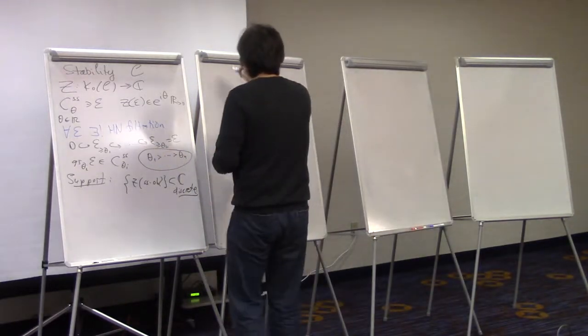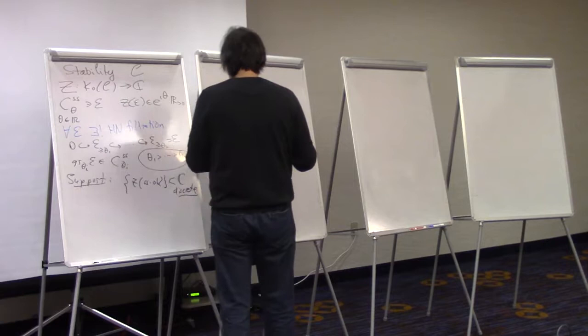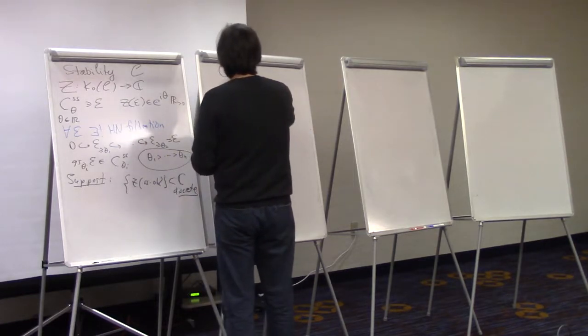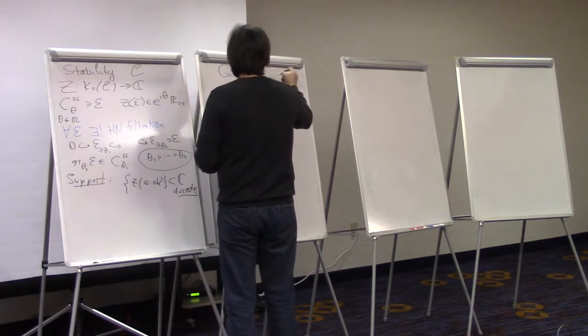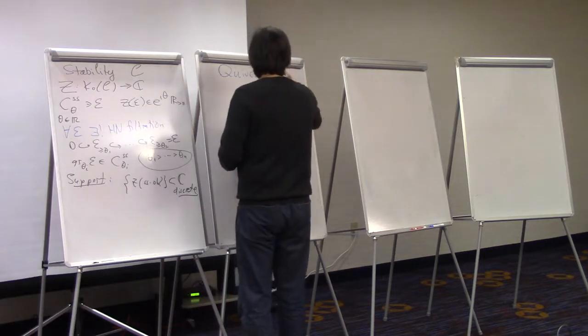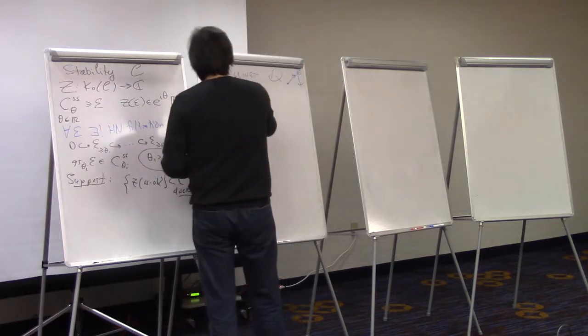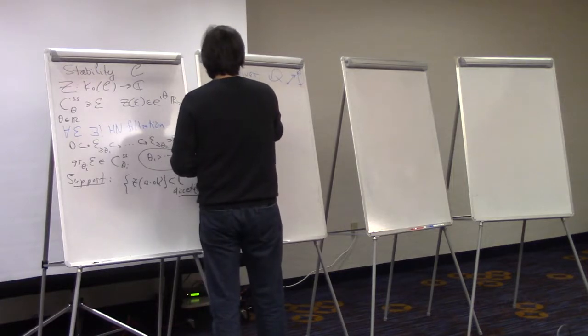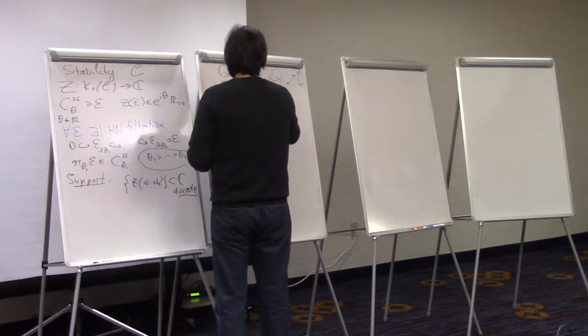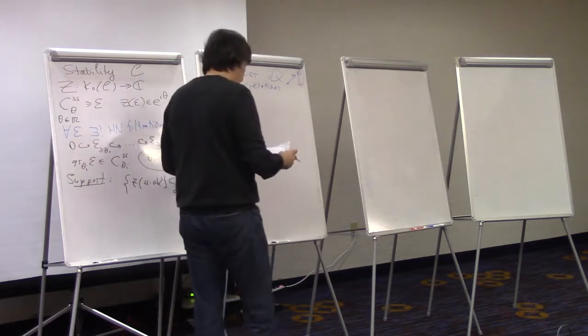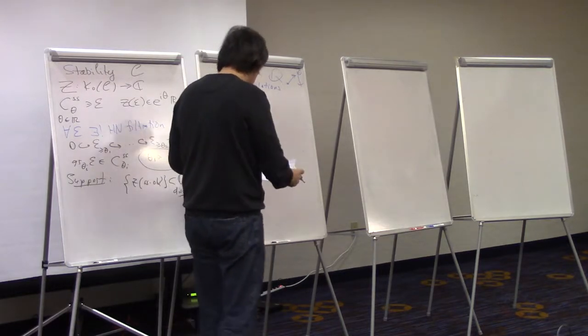So what is a basic example? The most basic example is representations of a quiver. You get a quiver Q, and the path algebra of the quiver over some field, and you can mod out by some relations, making a DG quiver, so let's do quivers with relations.